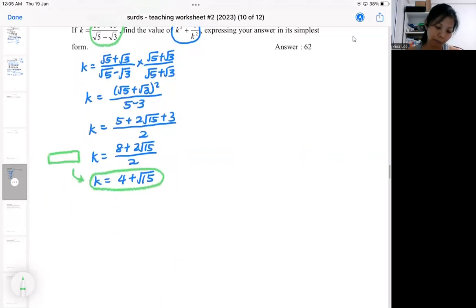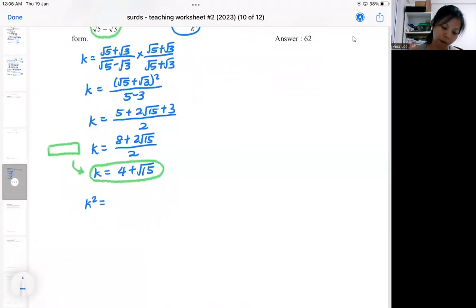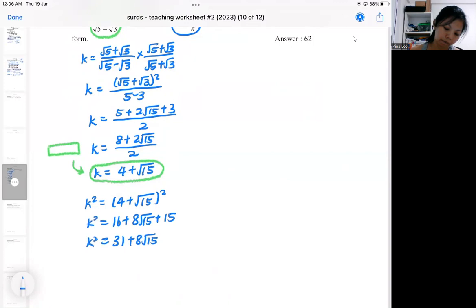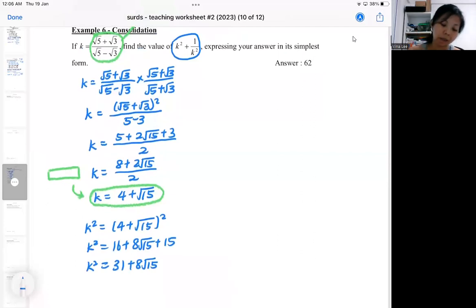So I make sure my K is correct, then I proceed to my K squared. When I proceed to my K squared, this is what I have gotten. Then I will proceed to my 1 over K squared.